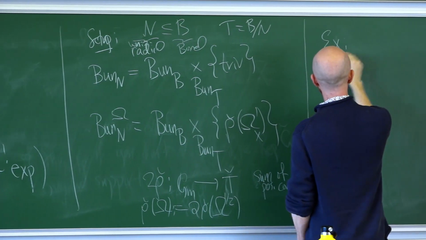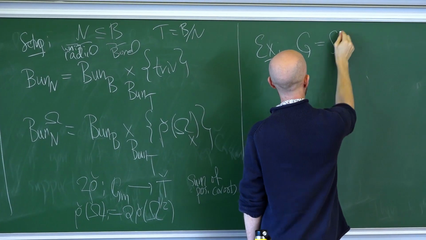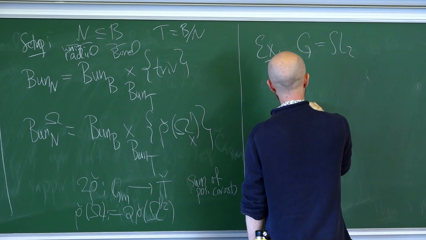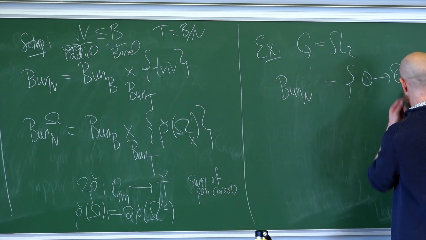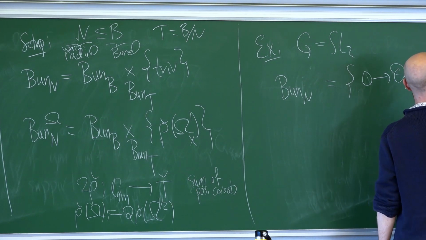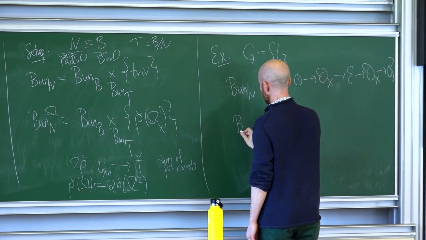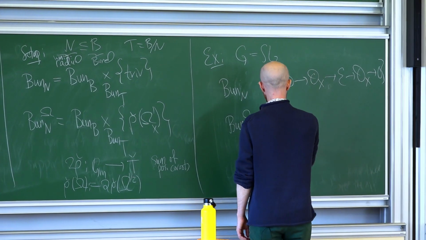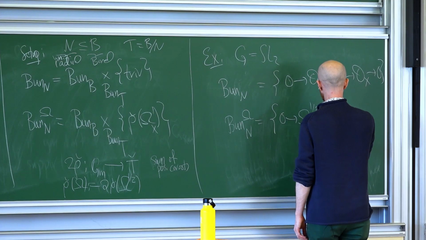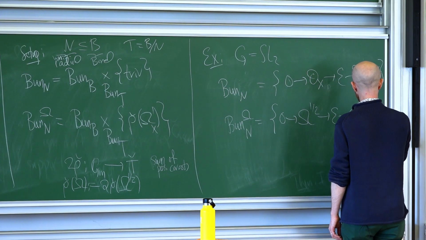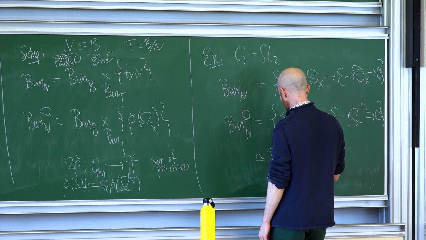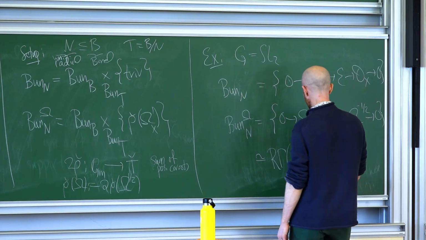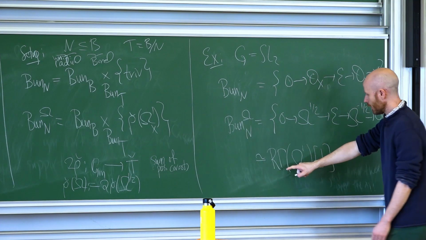As an example, if G is SL2, then Bun N will be the stack of extensions like this, and Bun N omega is going to be the stack of extensions like this. And this is isomorphic to, you want to say H1 with coefficients in omega inverse, but I take this complex.